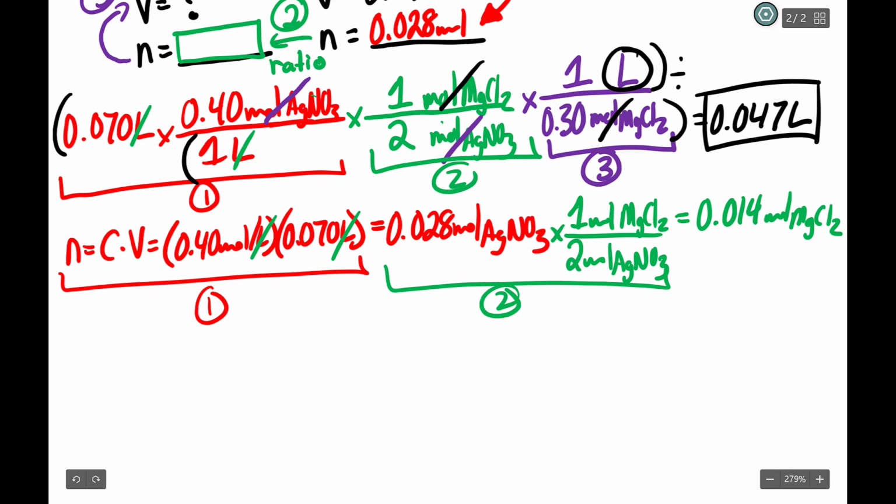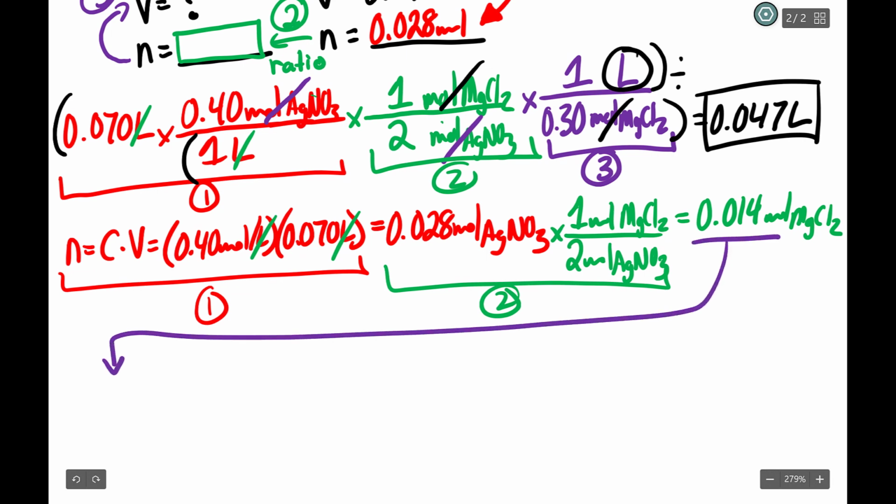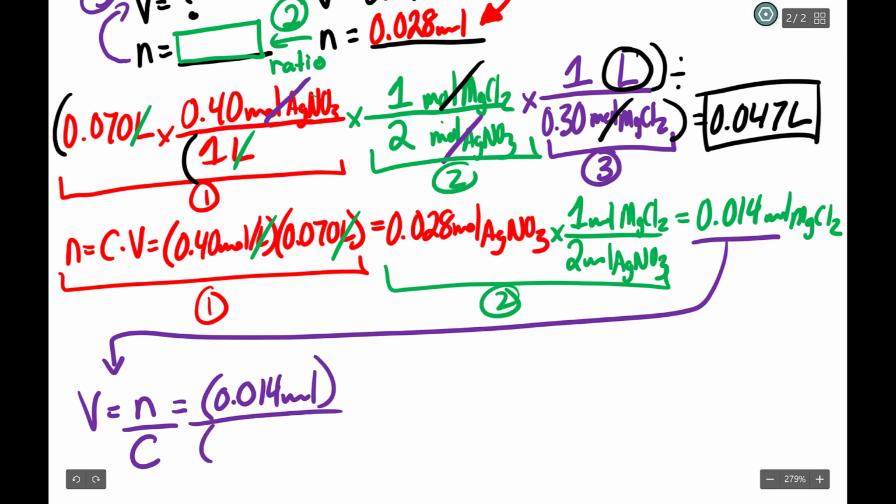Now how that would look the other way is I would take my value with me and I would do this. Volume is equal to moles over concentration. So the moles is 0.014 moles all over the concentration of 0.30 moles per liter.